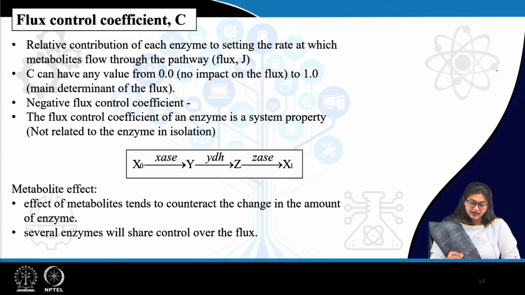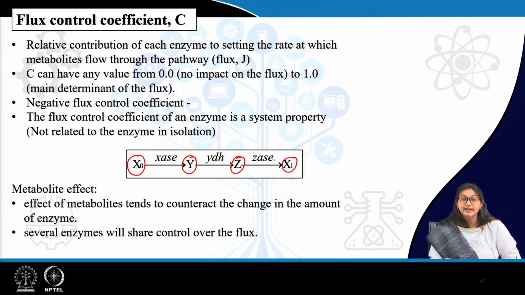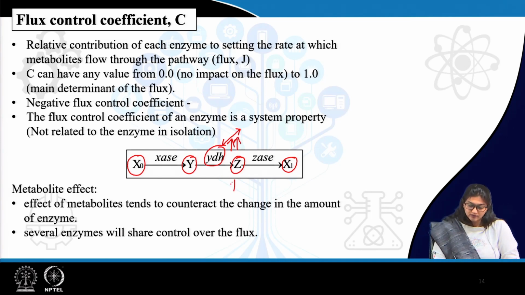So, what happens? Suppose you see this reaction where X is forming Y by Xase enzyme, forming Z by YDH enzyme, and Z is forming X1 by Zase enzyme. Now, suppose this YDH enzyme activity is increased. What will happen? Z will be formed more.